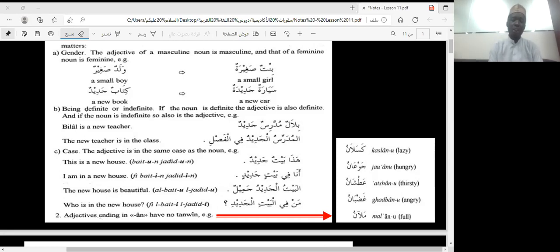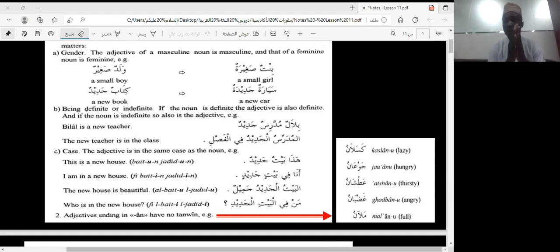So I hope you understand. We said that an-na'at follows man'ut in gender, like kitabun jadidun, bintun sagiratun, waladun sagirun, sayyaratun jadidatun. That is in gender, feminine, masculine.